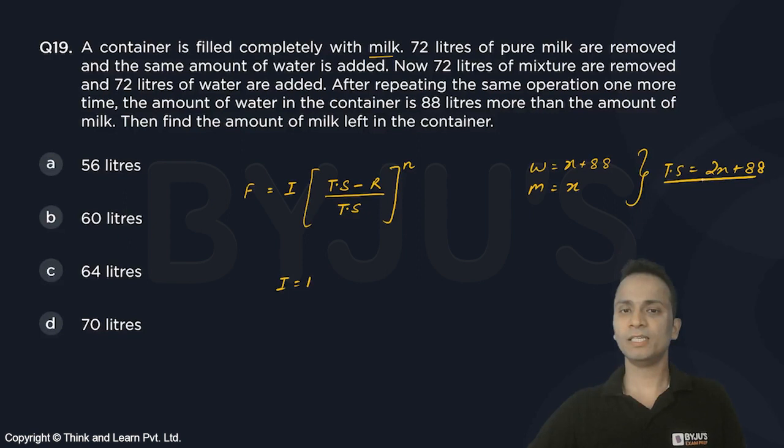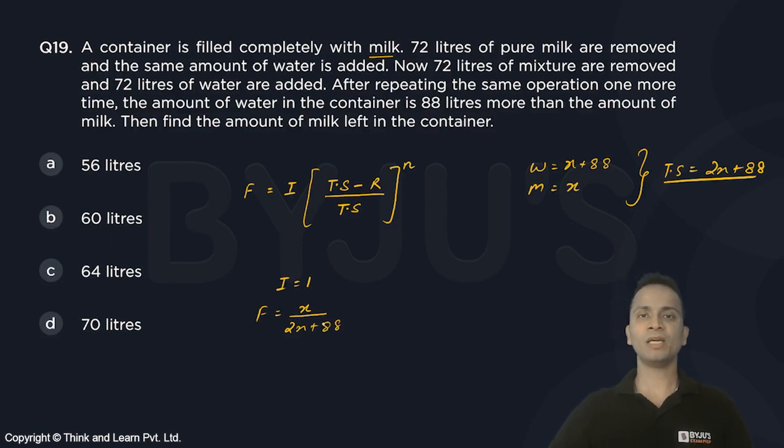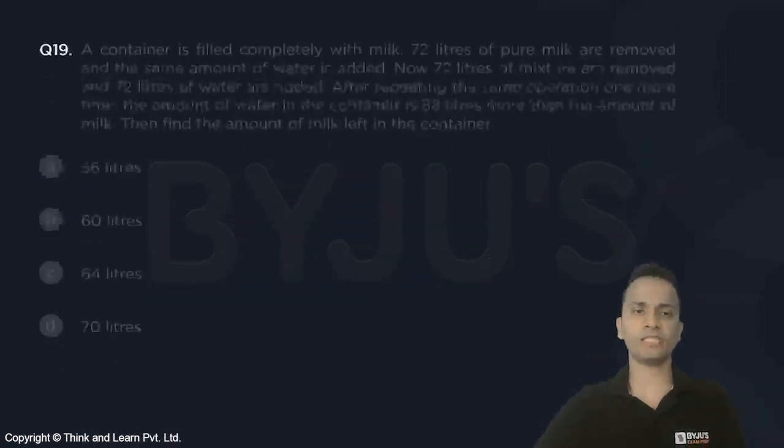Now, the value of f, the final fraction of milk, will be milk, which is x, divided by the total solution, which is 2x plus 88. Now, the quantity that I'm removing is 72 liters every time. So we shall substitute all these values in the formula and let's try and solve for the value of x.